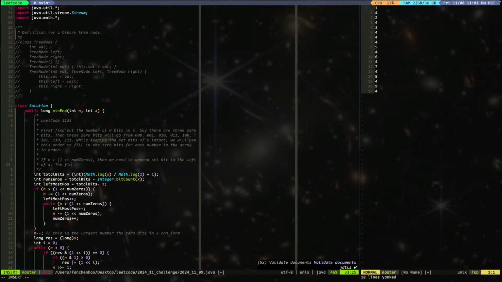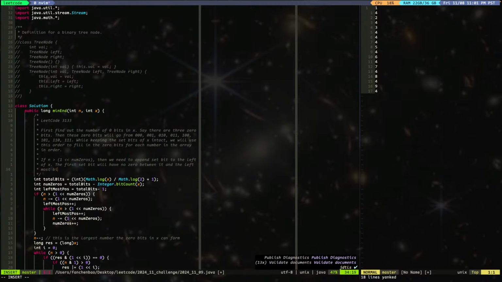So the first set bit will have no zeros, no 0 between it and the leftmost bit of X.